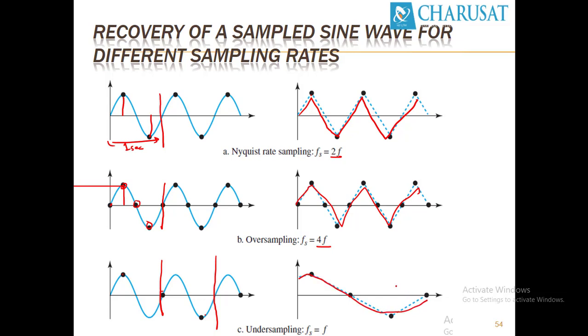So we can say over here this won't give you the original. This will look like the original, and we can regenerate signals by this 4f or oversampling. So if sampling is higher than 2f, then we can regenerate our original signals at the receiver side.